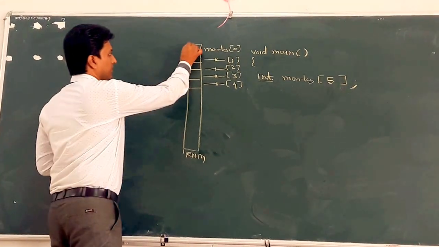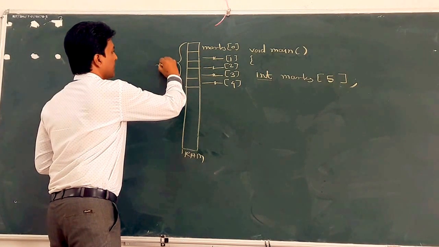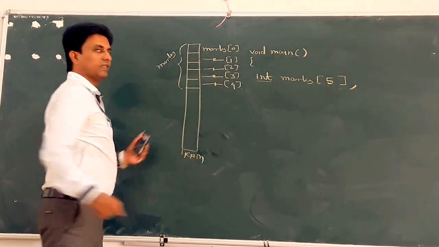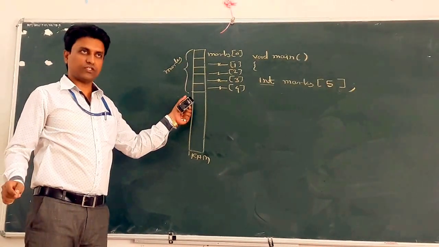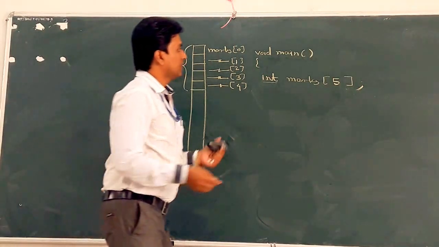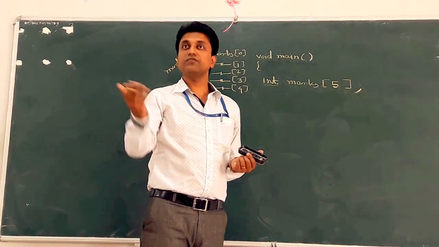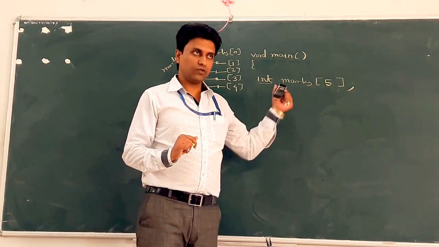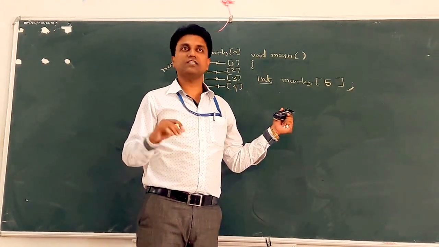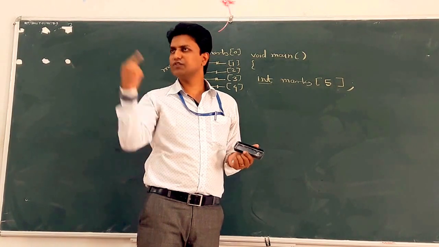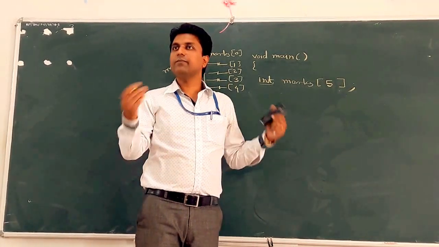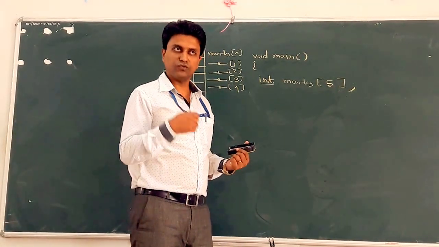This is the memory management for the array marks, and it is a contiguous memory location. Next, we want to store marks of 5 different subjects together, make the average and display that average for a particular student. So take the marks of all subjects from the user.